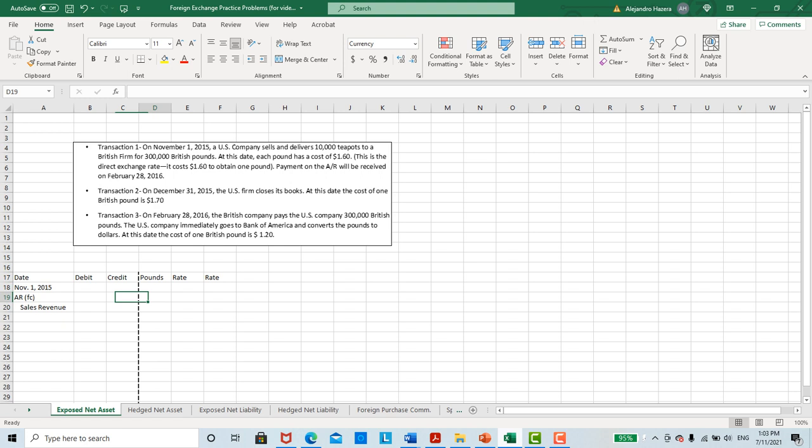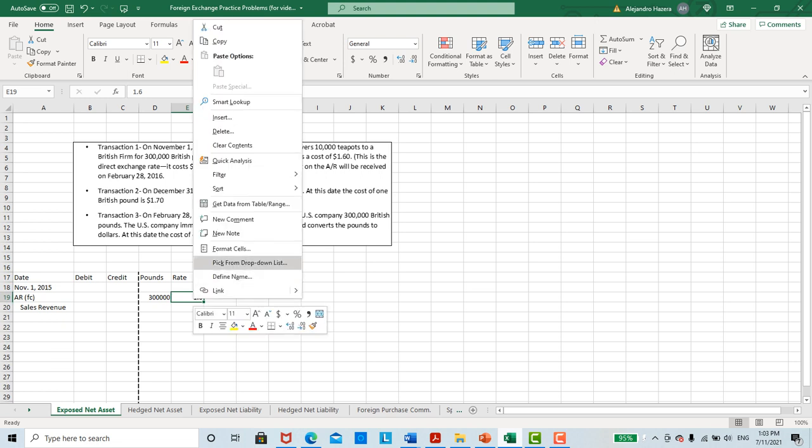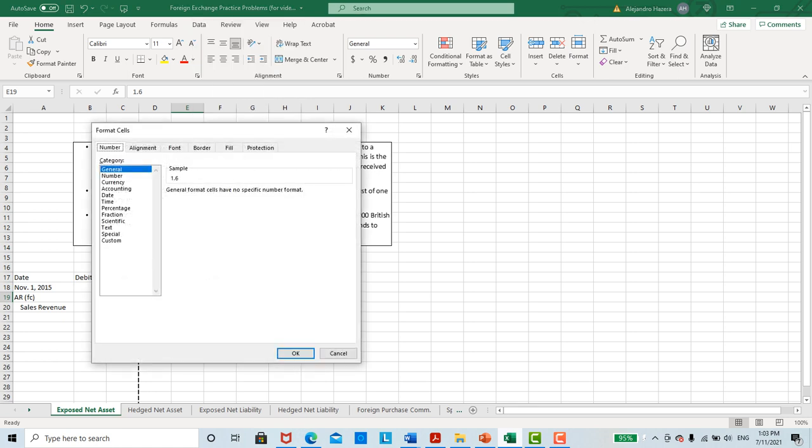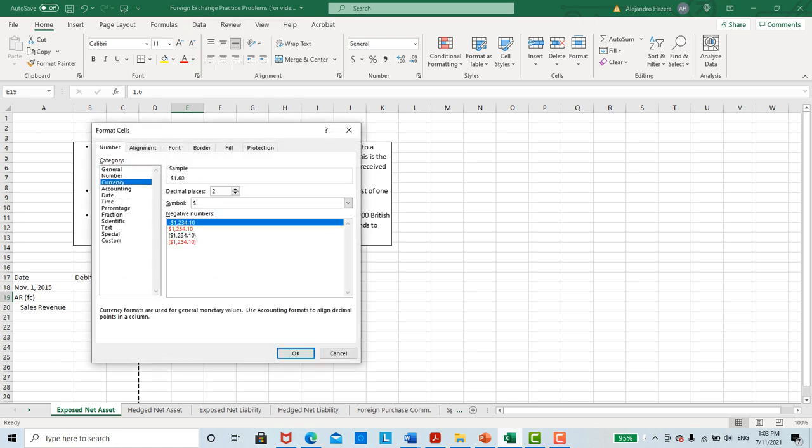Okay, and here's what we're going to do. We know that it's 300,000 British pounds, so that's your unit. The rate for each pound is $1.60. Let me put a dollar sign there.